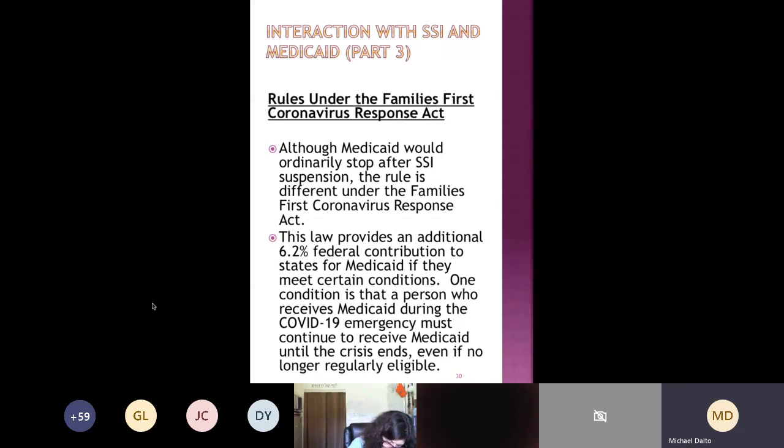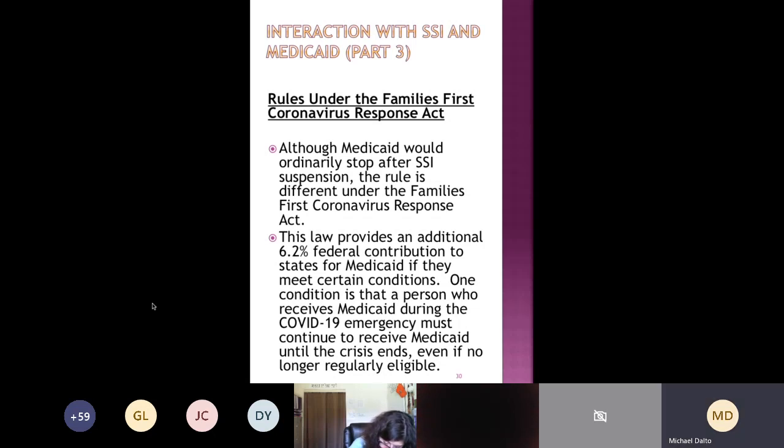It's called the Families First Coronavirus Response Act. And this law provided an essential protection for Medicaid for some people with disabilities and even some people without disabilities who get Medicaid.